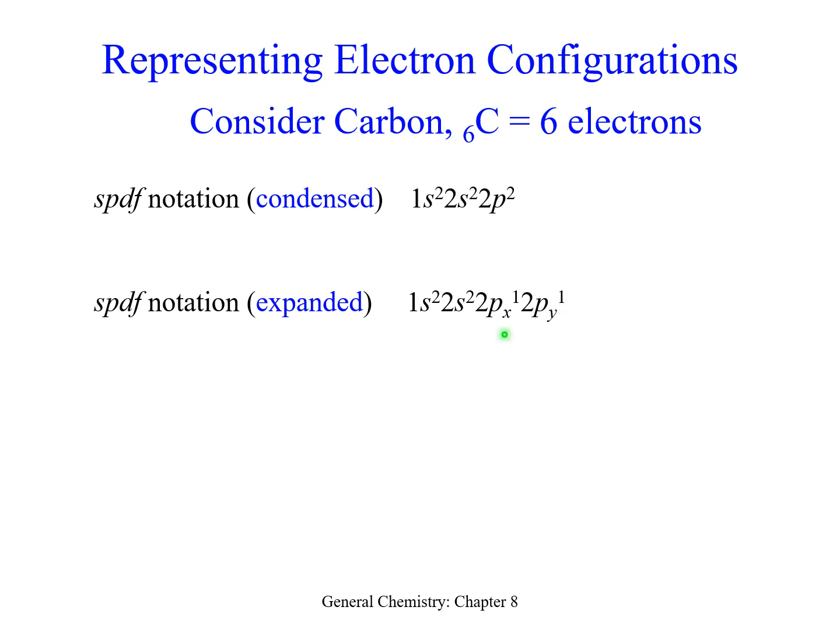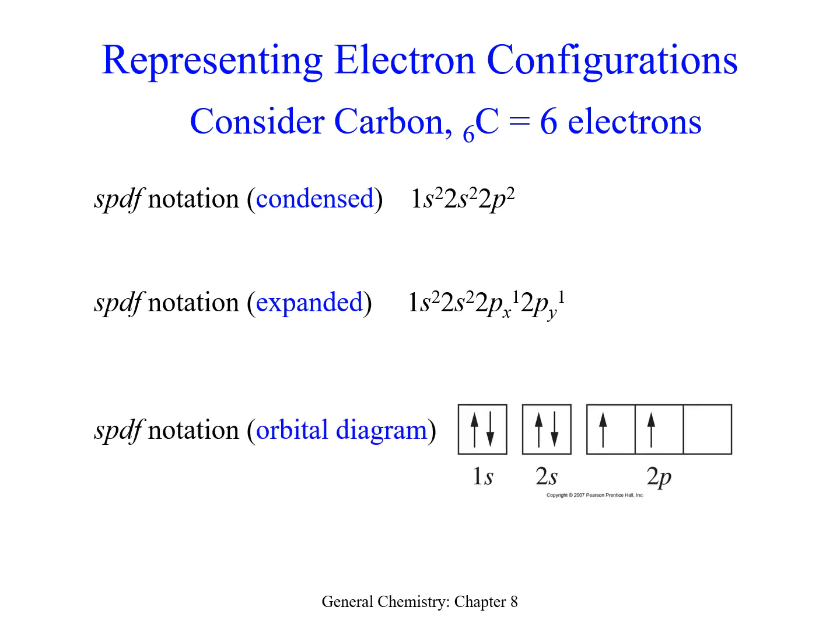Following Hund's rule, they would all have the same spin. So these two will have the same spin in their most stable ground state.